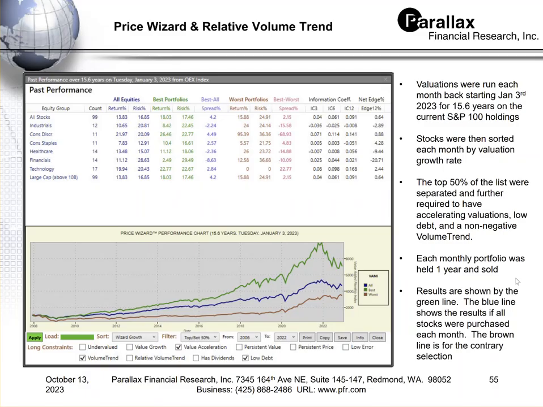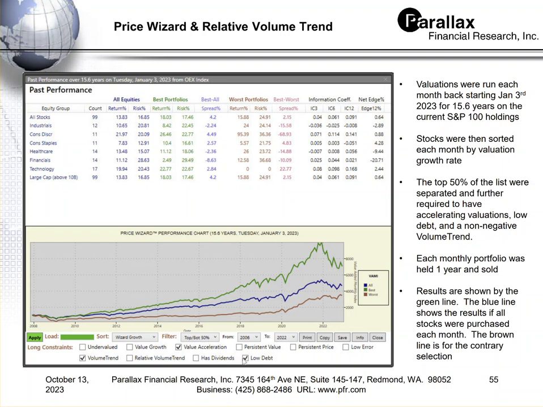Next slide. So in our tool on Bloomberg, we have the ability to run a backtest. So we can say, for instance, this is an OEX. We valued all the OEX stocks over 16 years, and then we said, okay, let's sort those stocks every month by the valuation growth rate, and take the top 50% of them and buy them each month, hold them a year, and dump them.